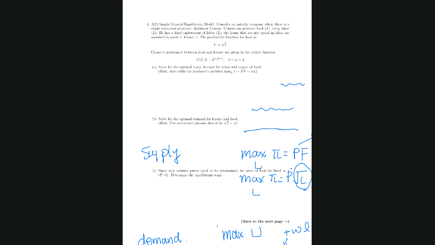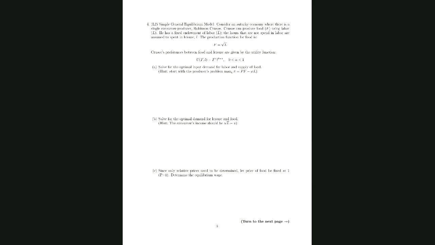Then you should be able to figure it out. So once you have L star here, you should have the pi star here. And pi star will be a function of L. So you should be able to figure it out. But there's a small trick. As some of you already figured out, in the Cobb-Douglas function, what is the meaning of the power here? It's the fraction of your income that you spend on the goods, right?